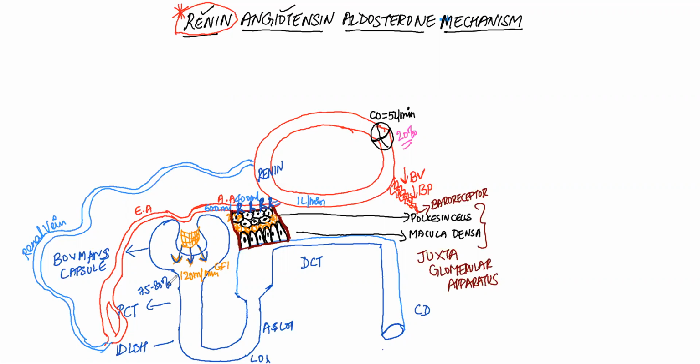Now, when the GFR decreases, do you think more sodium will be reabsorbed or less? At a glomerular filtration rate of 120 ml per minute, there is sodium reabsorption of 75 to 80%.